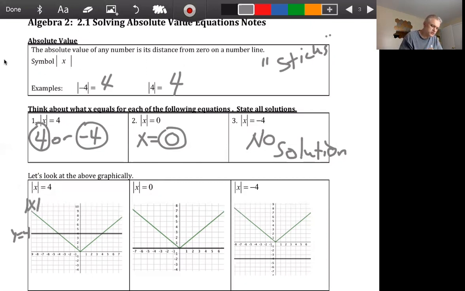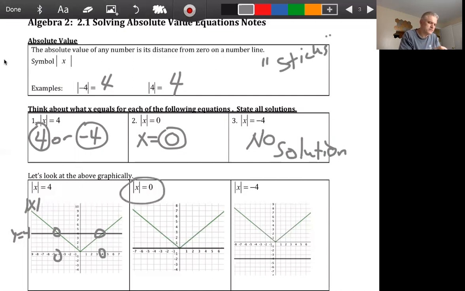Notice that there are 2 times the 4 and the absolute value of x intersect. They are at -4 and at +4, which is exactly what we had for our answer.